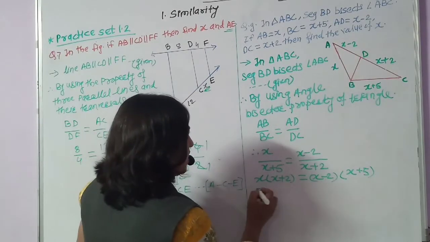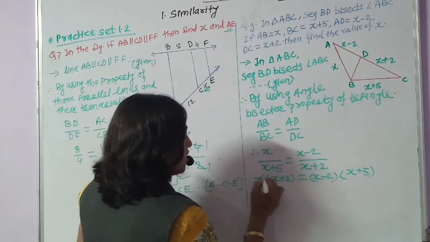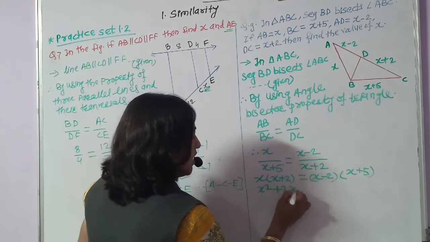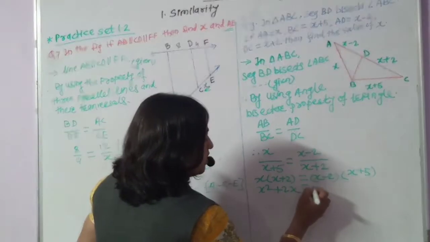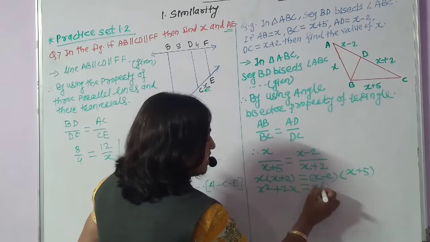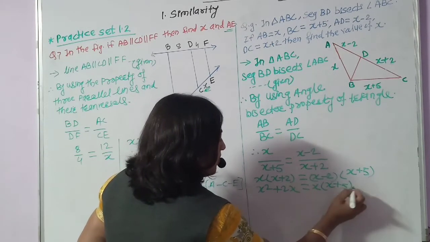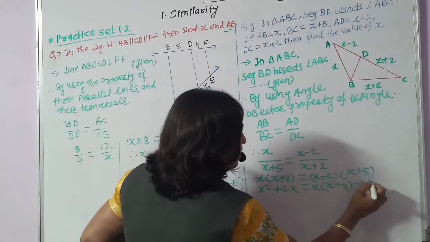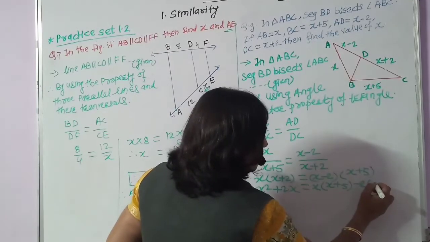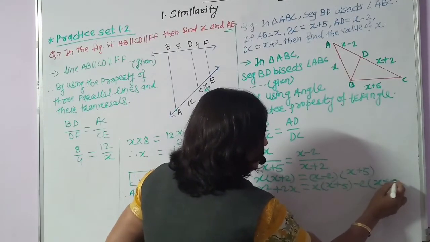See here, x into x is x square, x into 2 is 2x, which is equal to this. Take the first x, x plus 5 here, minus 2, again write the second bracket x plus 5.